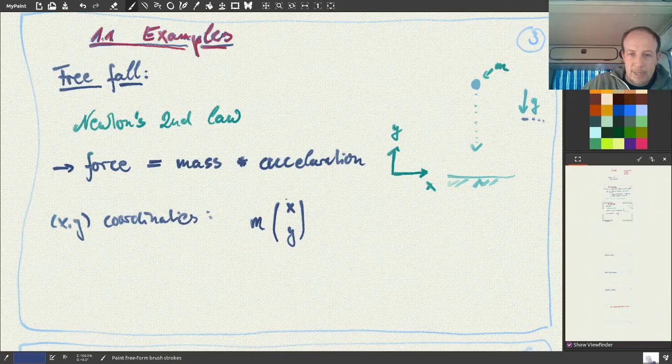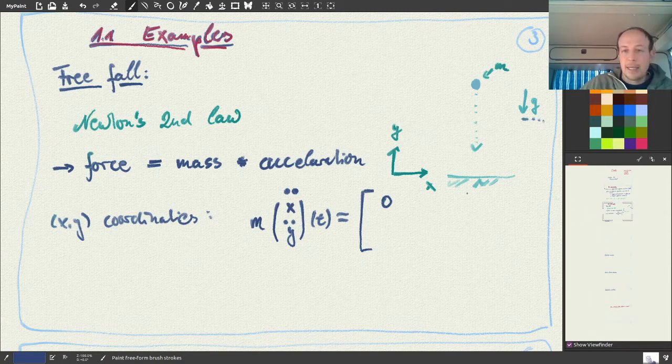So mass times acceleration. Acceleration is the second time derivative. So mass times the second time derivative of these coordinates at time t equals the force. What is the force here? There's no force in x direction, so here we have the 0, and in the y direction there is the gravity.